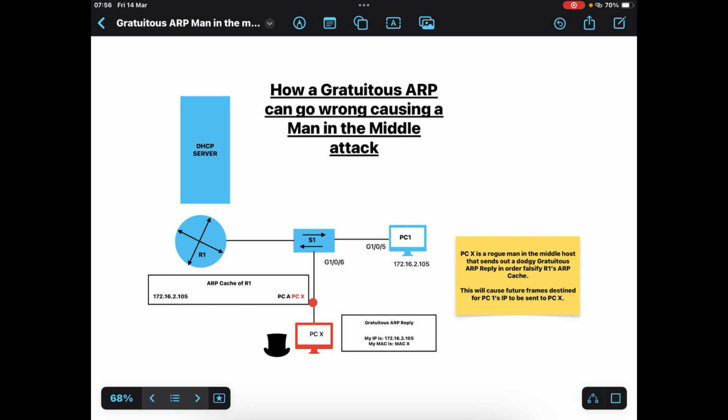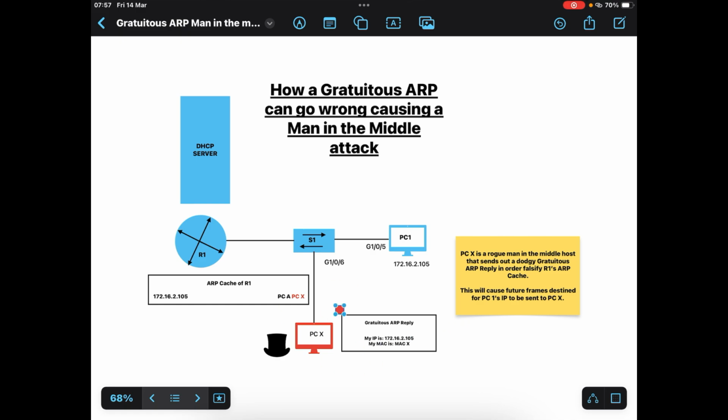It thinks that 172.16.2.105 belongs to PCX. So PCX is a rogue man-in-the-middle host that sends out a dodgy gratuitous ARP reply in order to falsify R1's ARP cache. This will cause future frames destined for PC1's IP to be sent to PCX.